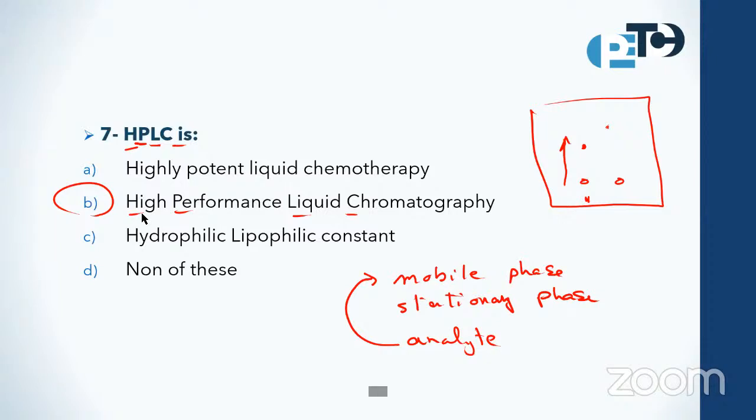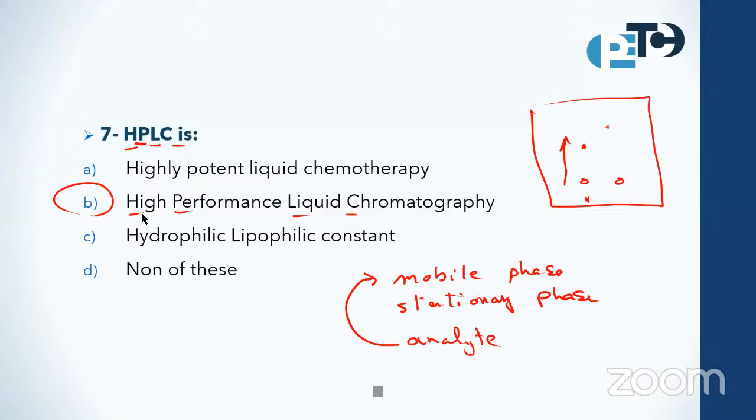So chromatography is a method of analysis, mainly qualitative analysis. But some types of chromatography also help us to know the concentration, regarding differences in solubility or differences in adsorption, many factors. So some types help us to know the quality only, and some help us to know the quality and the quantity.